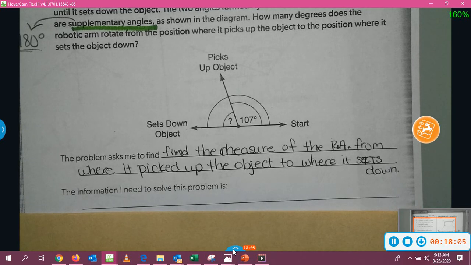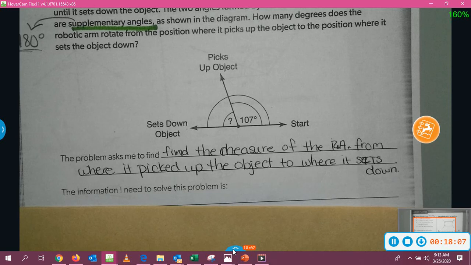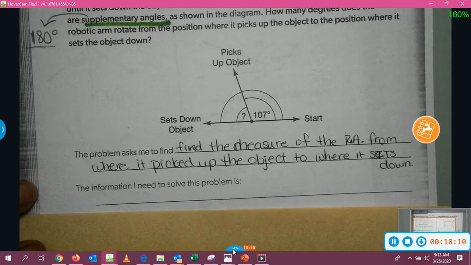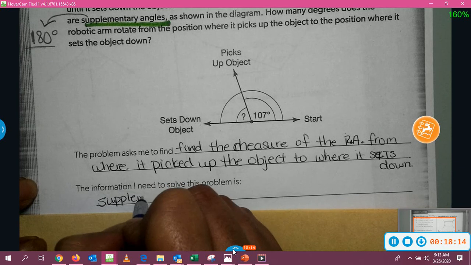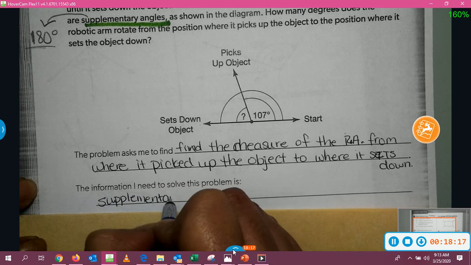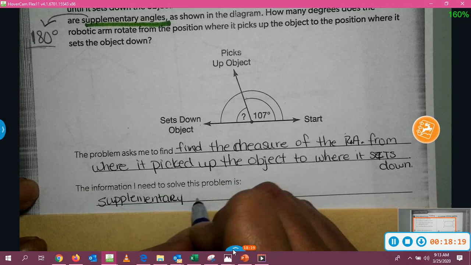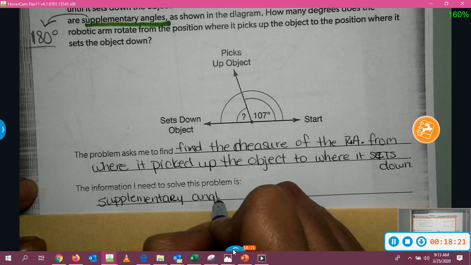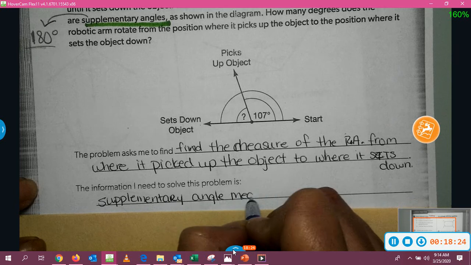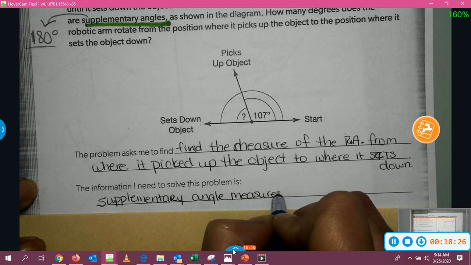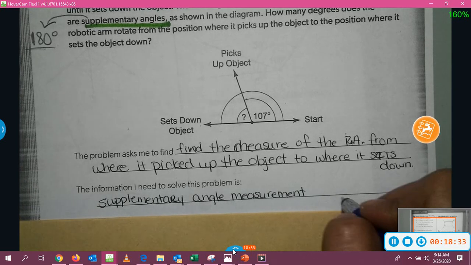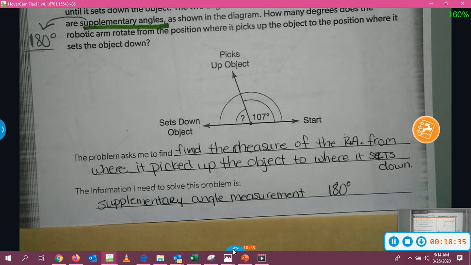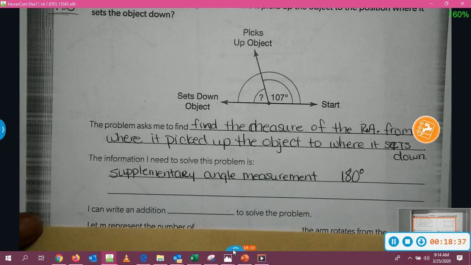The information I need to solve this problem is, you need to know what a supplementary angle measures. Supplementary angle measurement is 180 degrees.